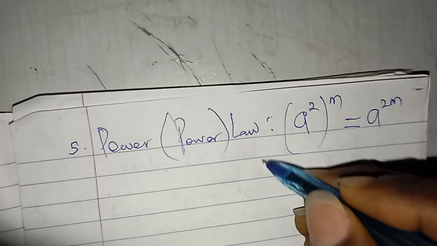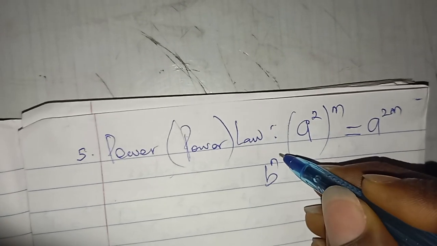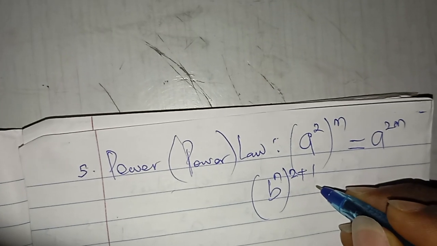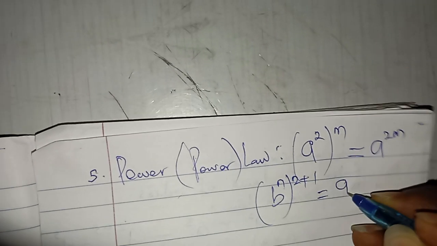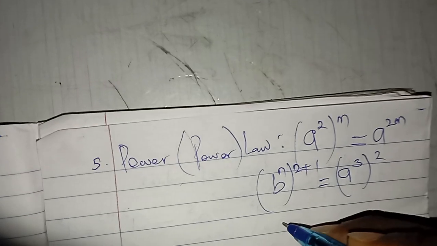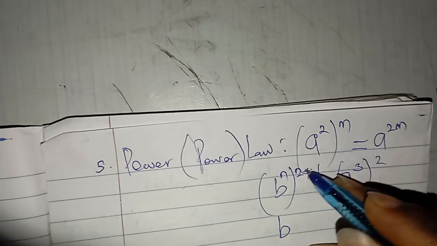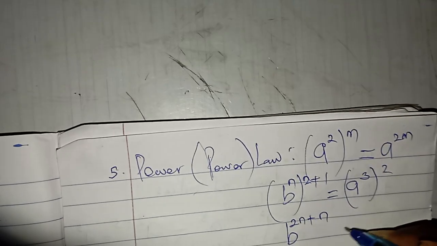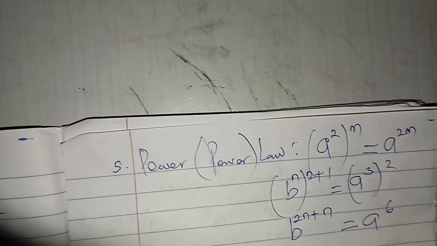So if I have b raised to power 2n plus 1 all raised to power 3 equals a raised to power 2, this is the same thing as saying b raised to power 2n plus n is equal to a raised to power 6.